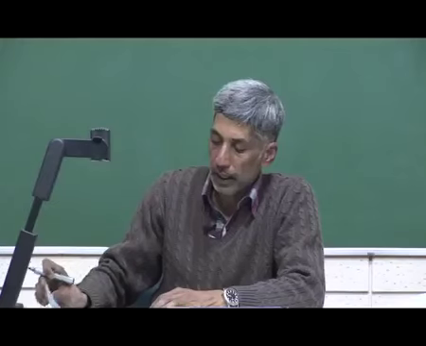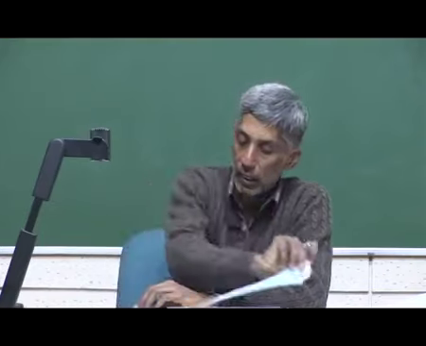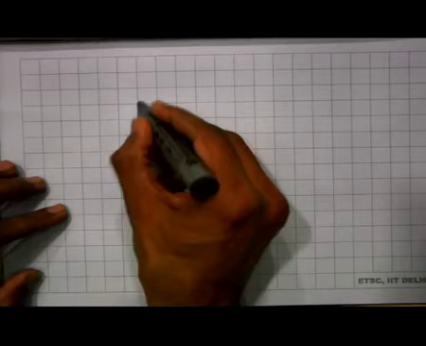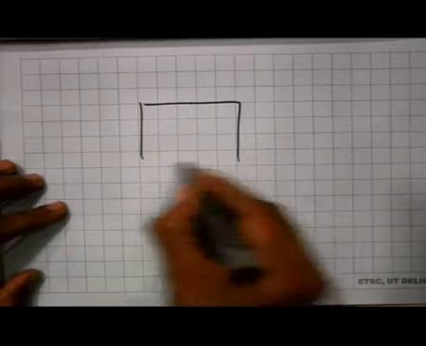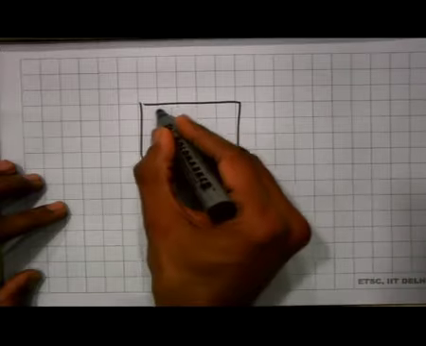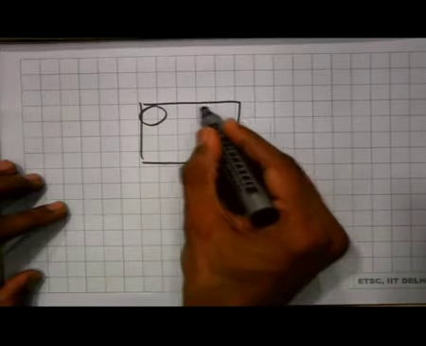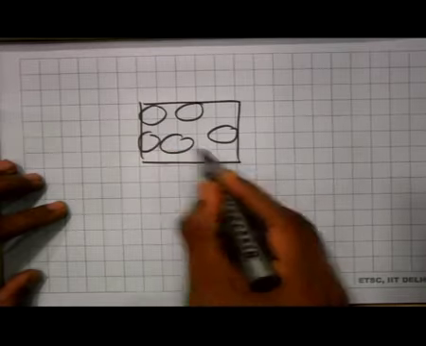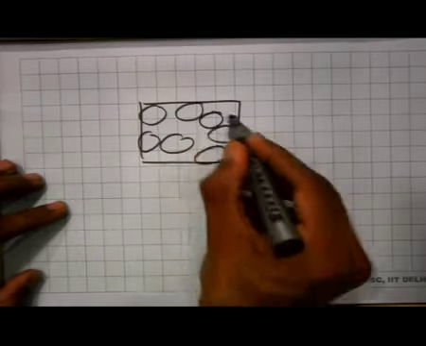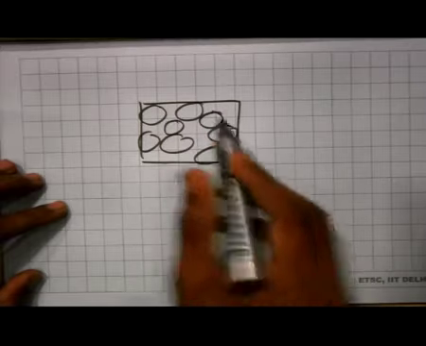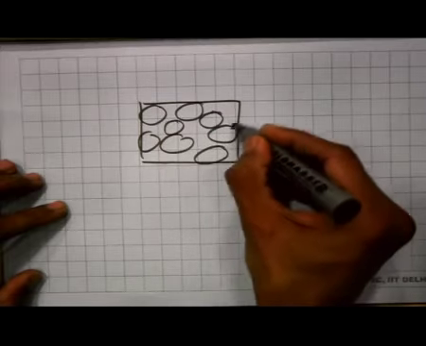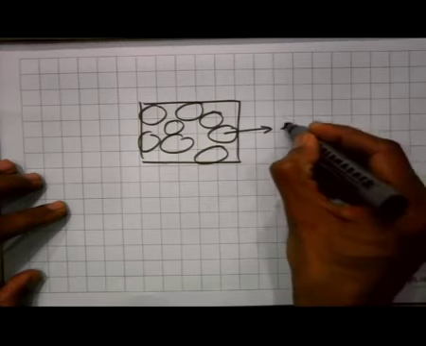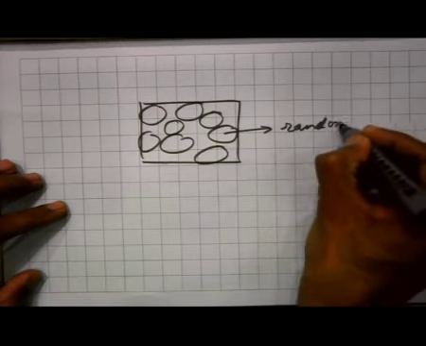Now, on the other hand, if you now consider a liquid, it looks much the same. I draw the same surface, I have same size molecules, except now the positions of these molecules are quite random. So, they are not at fixed positions, they are at random positions.